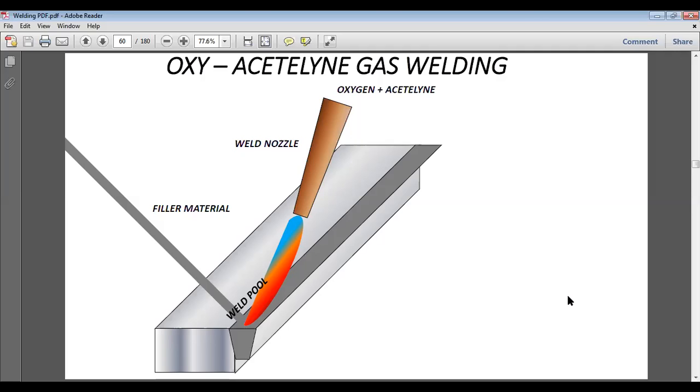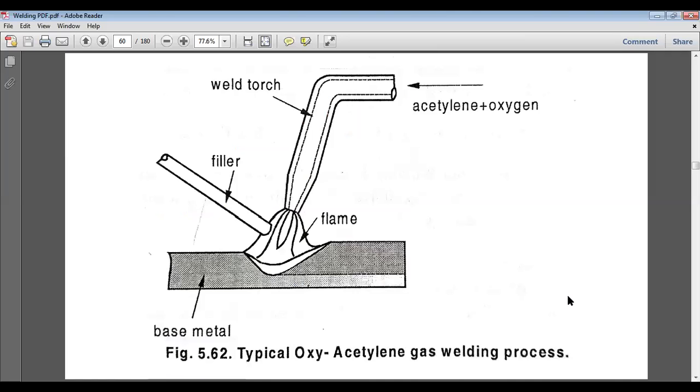So oxyacetylene welding is a combination of oxygen and acetylene, and we have a weld nozzle, an ejector nozzle, where the oxygen and acetylene come out at high pressure, and this is burned in the presence of air. So this is the oxyacetylene welding plant. This is the weld torch.